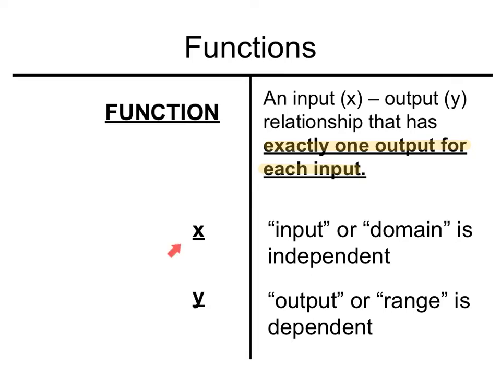You have the x variable, which is your input, and it's also in algebra called the domain, and it is independent, which is going to make a lot of sense when we start to graph. The other variable is the y. That's our output, or our range, as it's called in algebra, and it is dependent. Again, independent and dependent will make more sense when we start graphing.